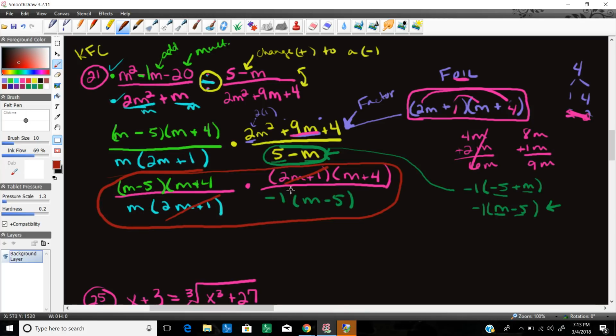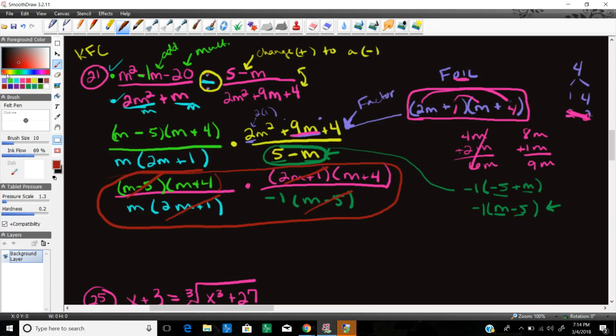So those are gone. I also have m minus 5 here and m minus 5 right here. Okay, so with that in mind, I'm left with m plus 4 right here, another m plus 4 over here, and m over here. So some of you might want to cross out this m plus 4, but because they're both on the top, we cannot do that. We have to leave them.